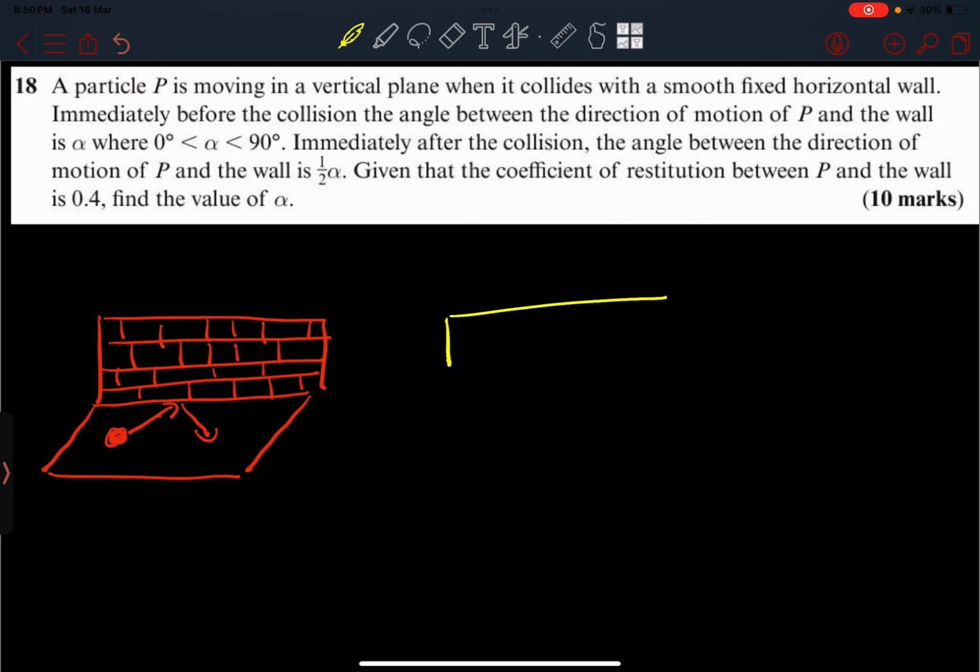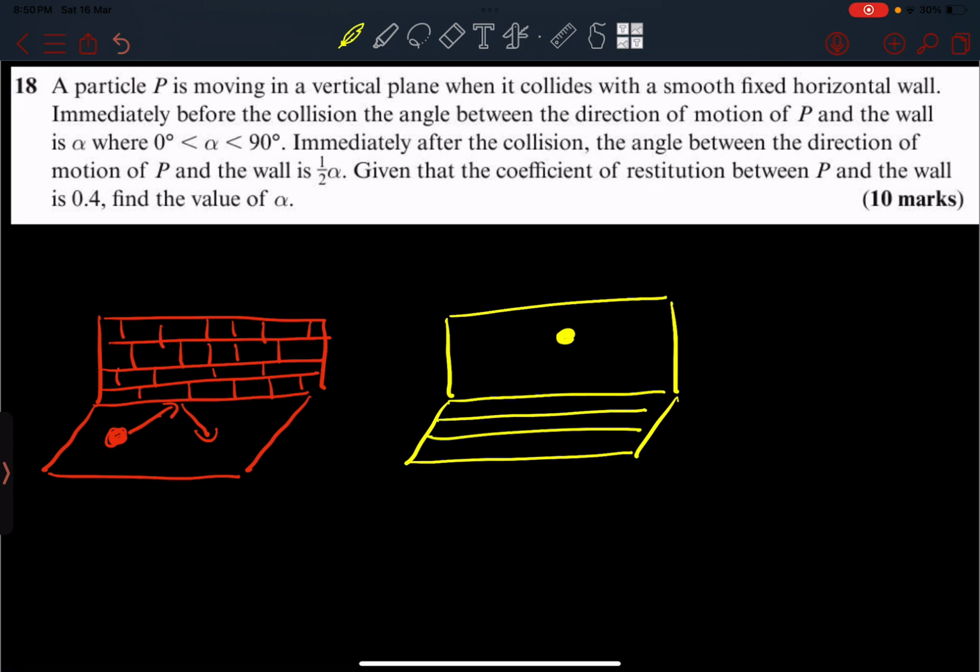This time you've got a ball that is moving on a smooth vertical plane, but this time the wall is horizontal. So you've got the wall as a horizontal object this time. That's not a laptop, I'm trying to make this look like a wall.